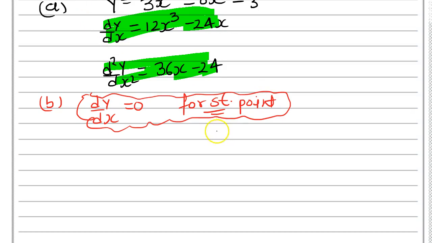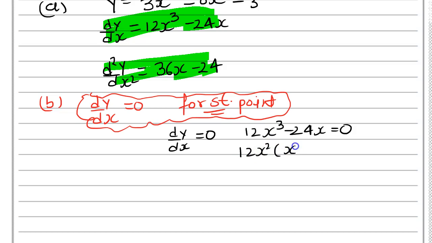Now let's put dy/dx equal to 0. Our dy/dx is 12x^3 minus 24x^2, that is equal to 0. Now 12x^2 I can take out, that is common, so what is left here? x minus 2 equal to 0. Yeah, so we have got two values here.